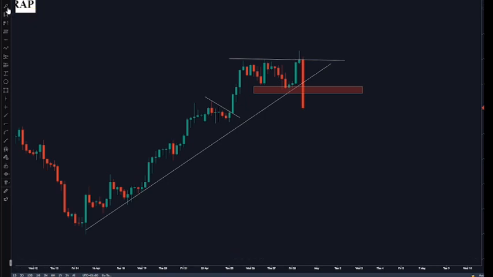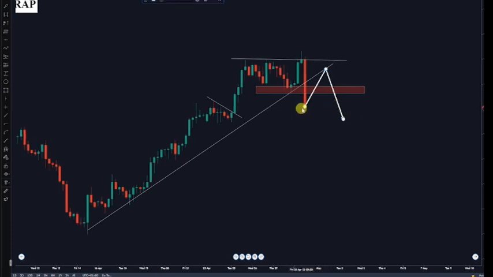Whenever you see such a big candle, the only thing you need to do is wait for the price to get into the zone. Once it gets into the zone and comes out here, you do what? You reference, you break out from this last low. You take your trade. Okay, look at what happened.